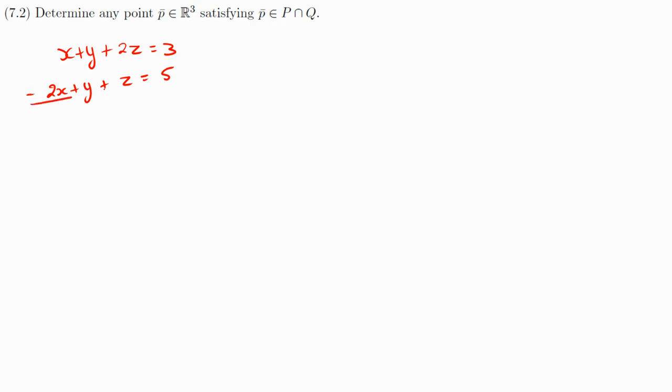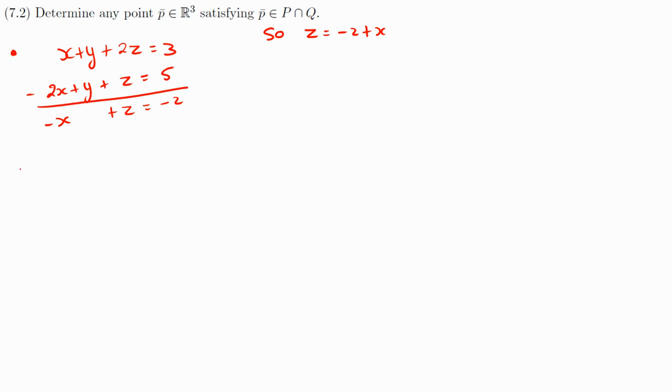Let's subtract. x minus 2x will give us minus x, the y's cancel out, and this becomes plus z is equal to 3 minus 5, which is minus 2. So z will be equal to minus 2 plus x.